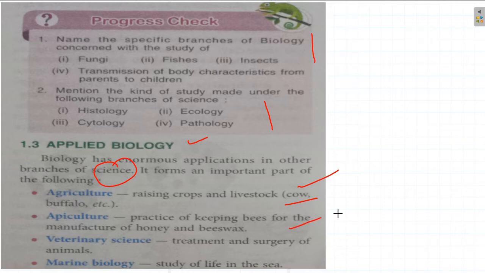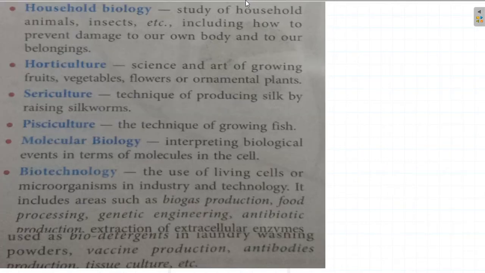Apiculture, practice of keeping bees for the manufacture of honey and beeswax. Veterinary science, treatment and surgery of animals, as you already know. And marine biology, study of life of the sea animals. Household biology, study of household animals and insects, right.